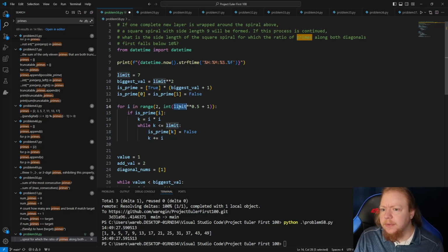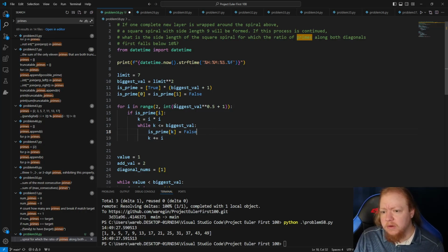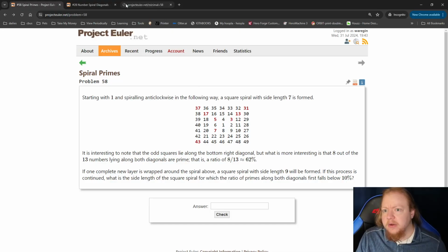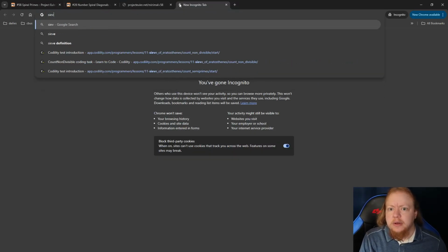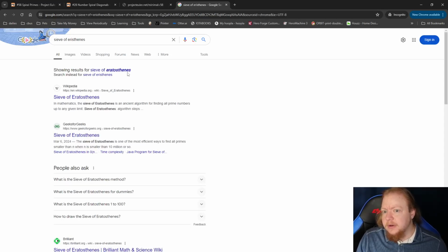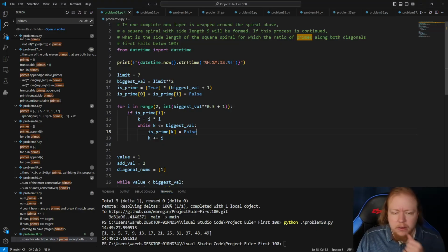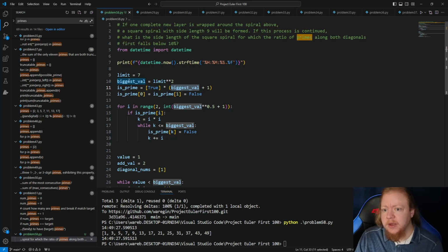So in this case we want biggest val instead of limit. And what this will do is it's using the sieve of Eratosthenes to go through and find all of the prime numbers up to, in this case, 49.